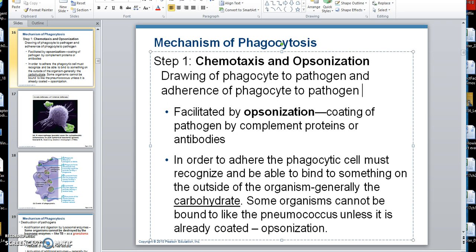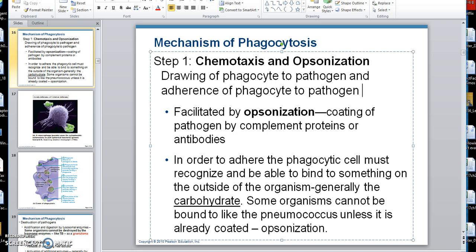A microorganism gets in your body. Let's say that it produces some chemical attractant that pulls the phagocytic cell, neutrophil or macrophage, towards it. Otherwise, it may not know it's there.